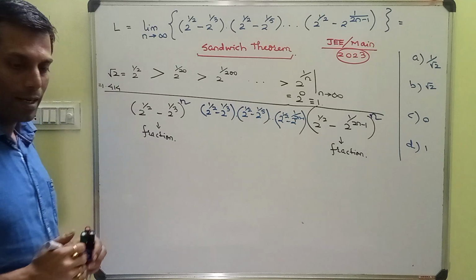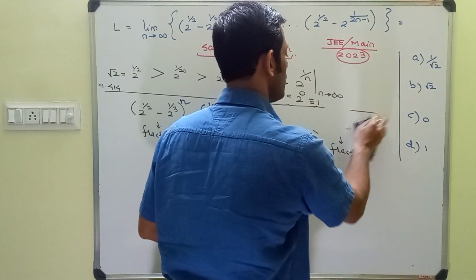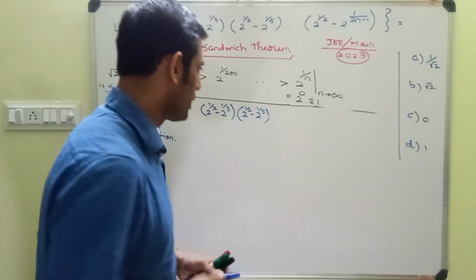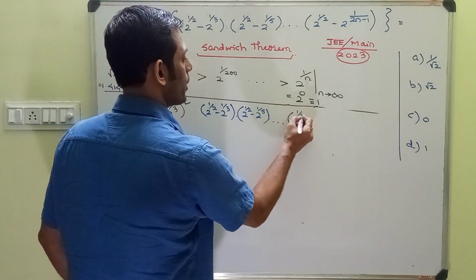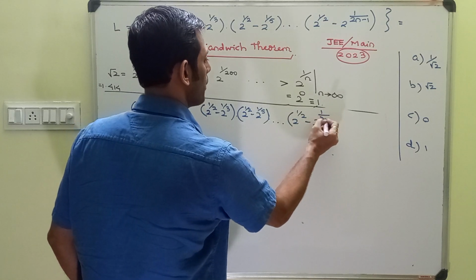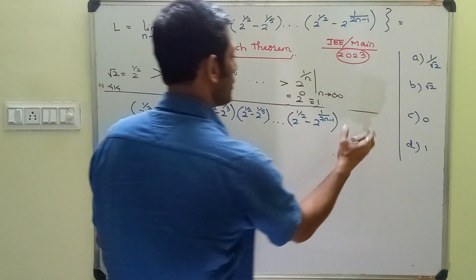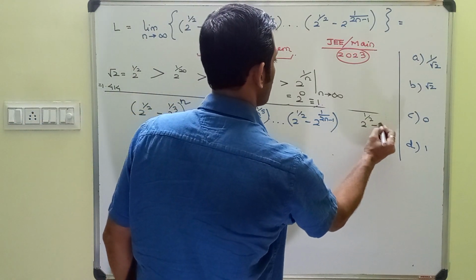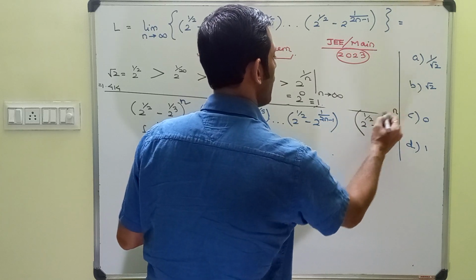Let's compare with that. I mean to say, let us make a comparison like this. Just a moment, I'll make some space here, and dot dot dot 2 power half minus 2 power 1 by 2n minus 1 to be compared with the last factor, 2 power half minus 2 power 1 by 2n minus 1, whole power n.